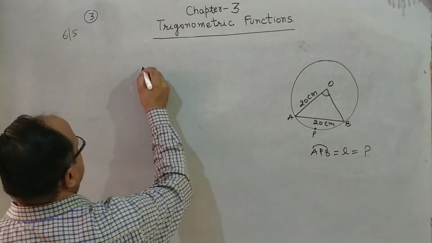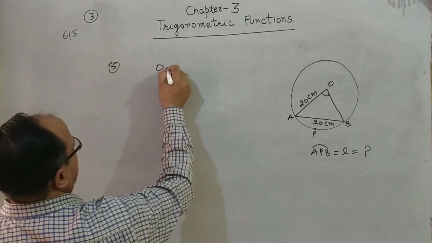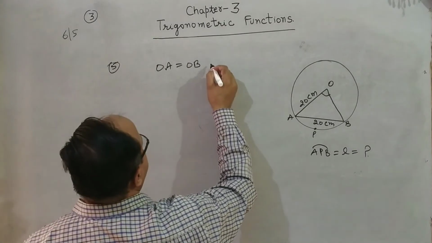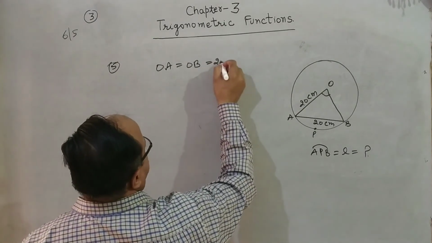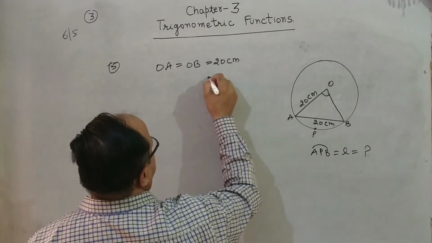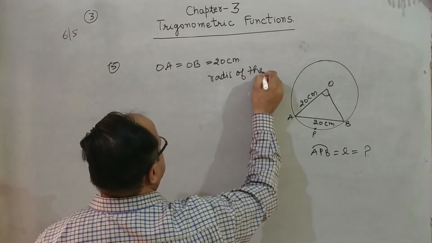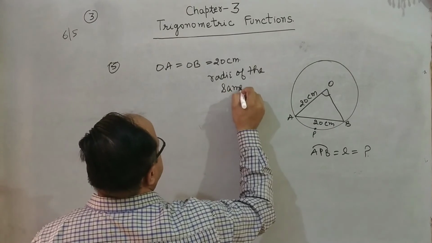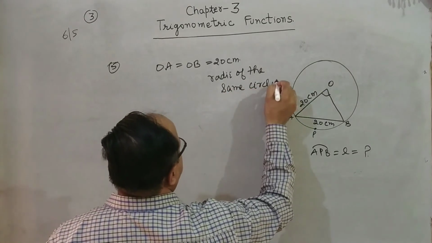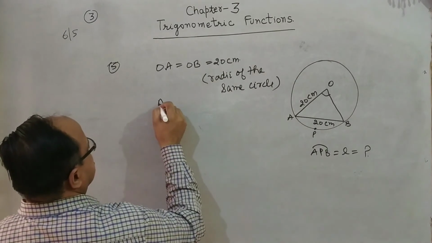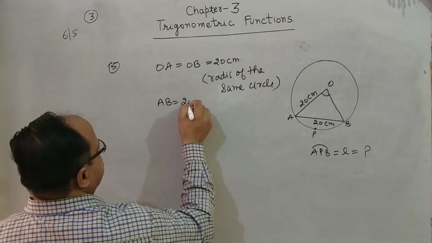Very important question. You know that OA is equal to OB is equal to 20 centimeters, radii of the same circle. And AB is equal to 20, given.